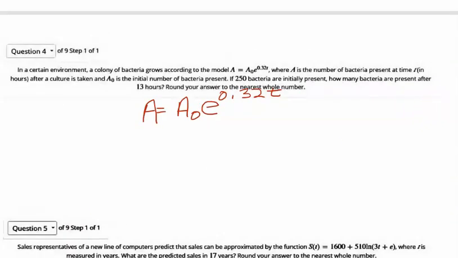Now in number 4, again, a similar equation in which we're using Euler's e. We know we have this many, A sub O, 250 bacteria. How many will you have after 13 hours? So it's just a matter of putting this into the calculator.